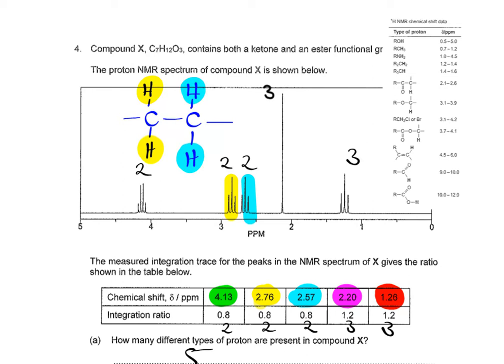For the chemical shift of these protons, they're both around about 2.5, just above, so they may well be protons next door to carbonyl groups. We know that we've got both an ester and a ketone in this compound, so that might be a good suggestion.